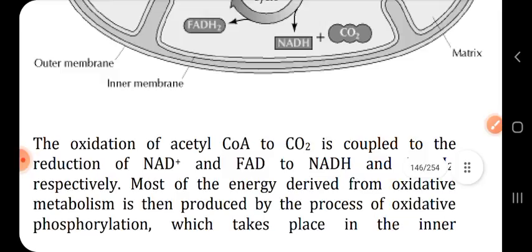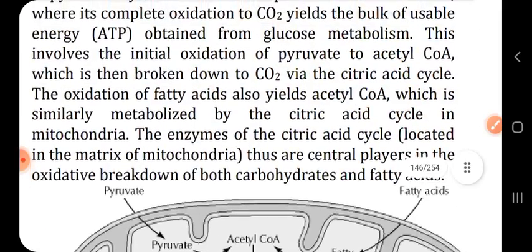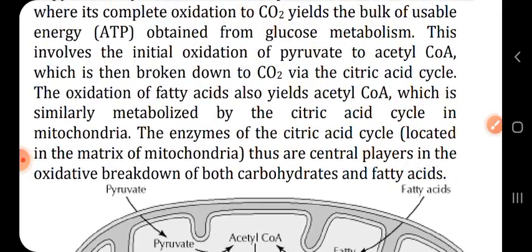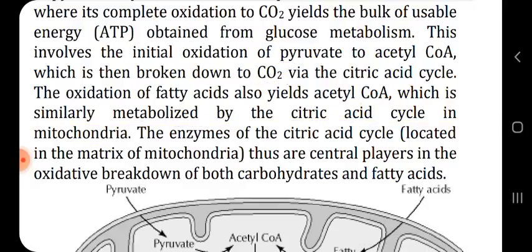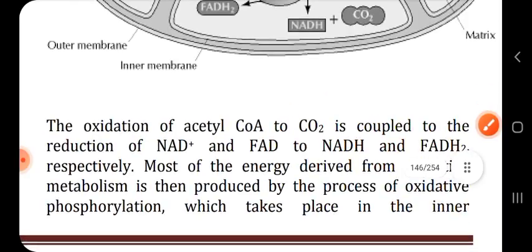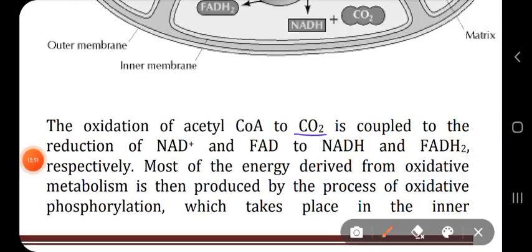Now, more has been given: after the formation of acetyl coenzyme A, which is metabolized by the citric acid cycle, it will be further broken down to form CO2, right? During the formation of CO2 from acetyl coenzyme A, it is coupled with the reduction of NAD plus and FAD to NADH and FADH2.